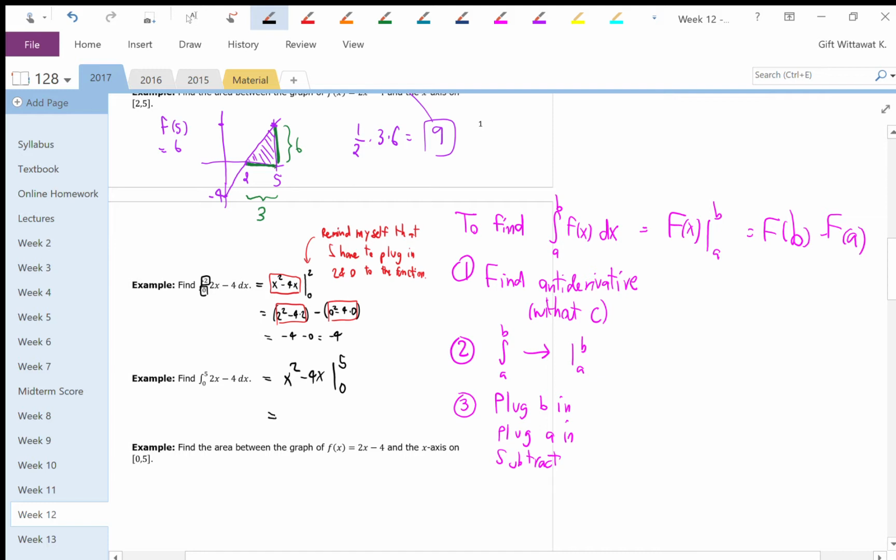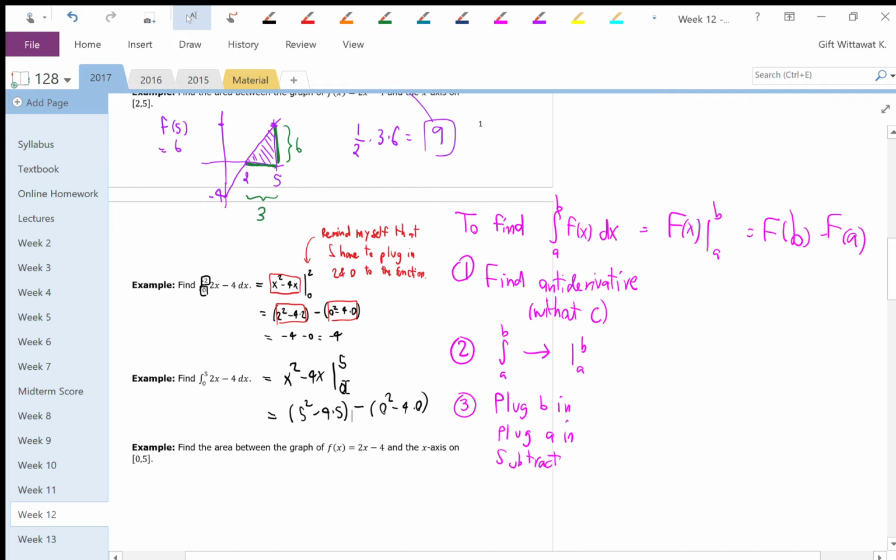So that's basically the end of my step 2. For step 3, I plug b in, which is 5. So that's going to be 5 squared minus 4 times 5. And then I plug a in, which is going to be 0 squared minus 4 times 0, and subtract the difference. Make sure it goes in the right order.